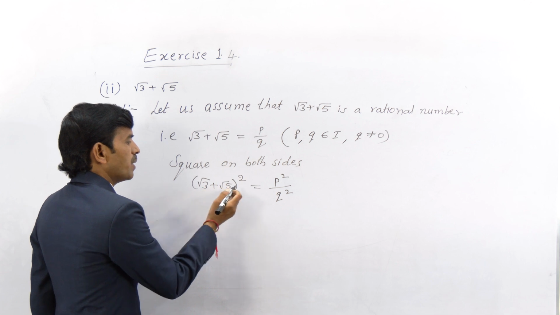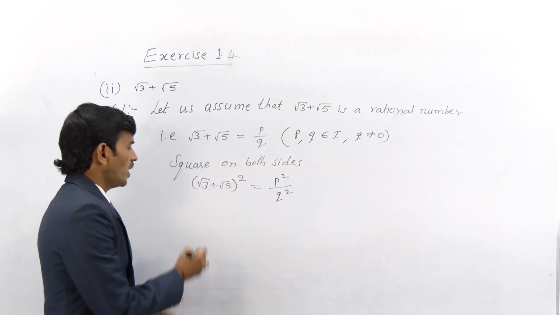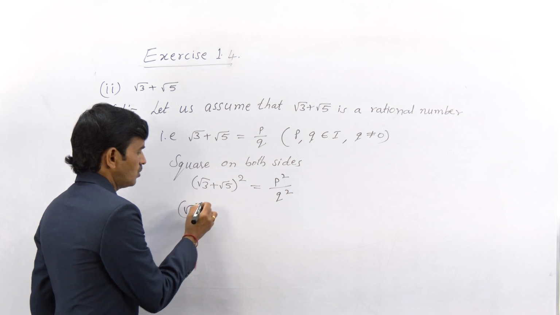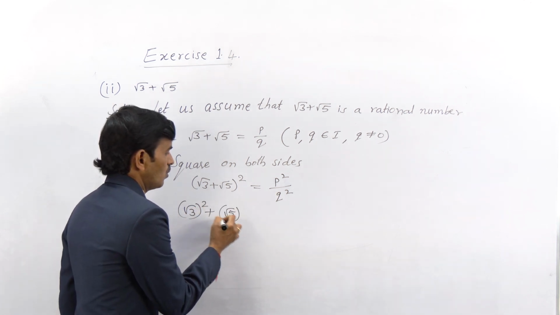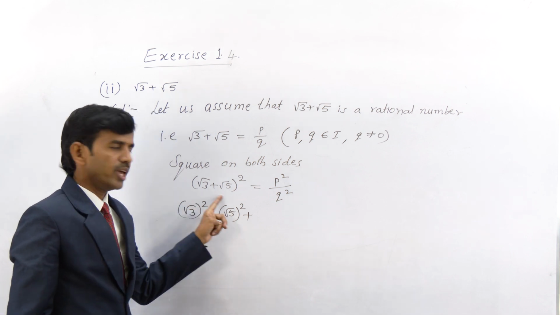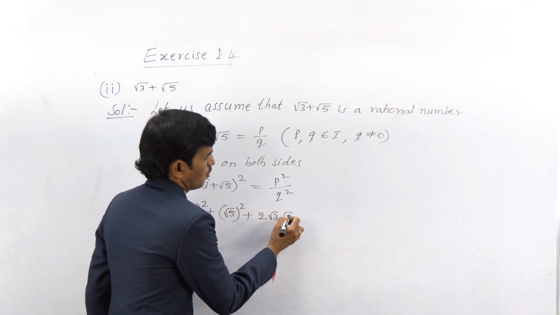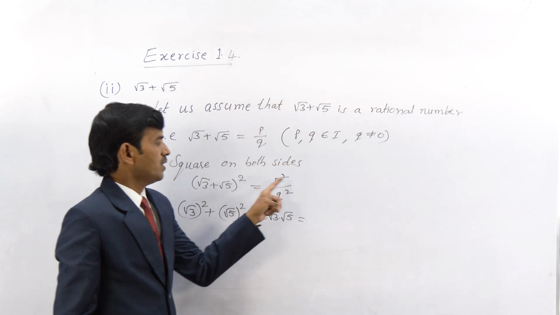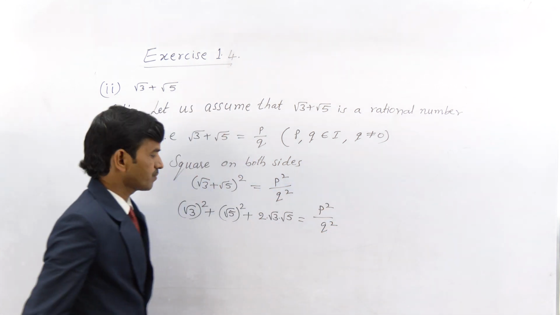Now expand this, which is in the form of a plus b whole square: a square, root 3 whole square, plus b square, root 5 whole square, plus 2ab, that is 2 times root 3 into root 5, which gives us p square upon q square.